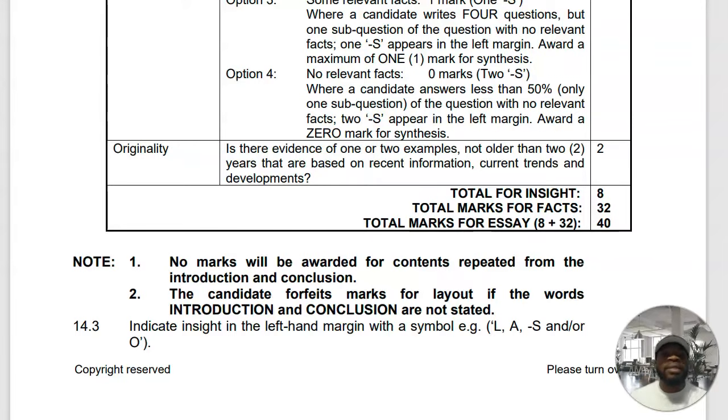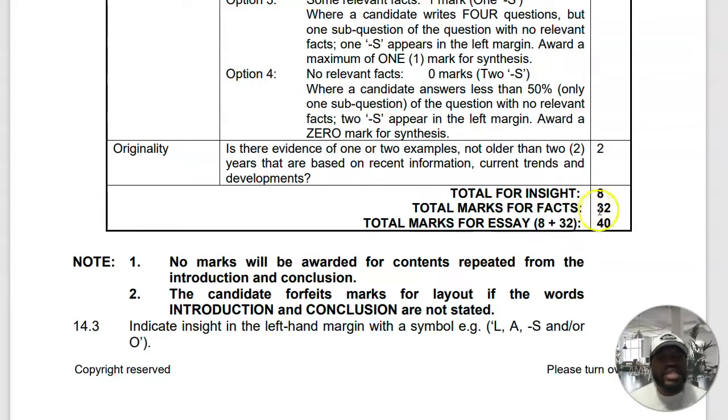While you're talking about that in your essay, we know that since September 2024, which is next month from the time of recording this video, there is going to be a two-pot retirement system whereby people will be allowed to take up to 1/3 of their pension now and keep 2/3 for later. That's something that's current and is happening now, and it's a universal example that any marker anywhere will know about, and that is going to score you your 2 marks for originality.